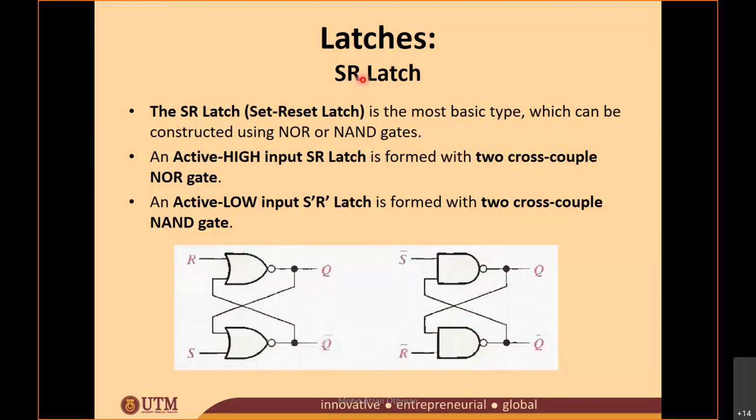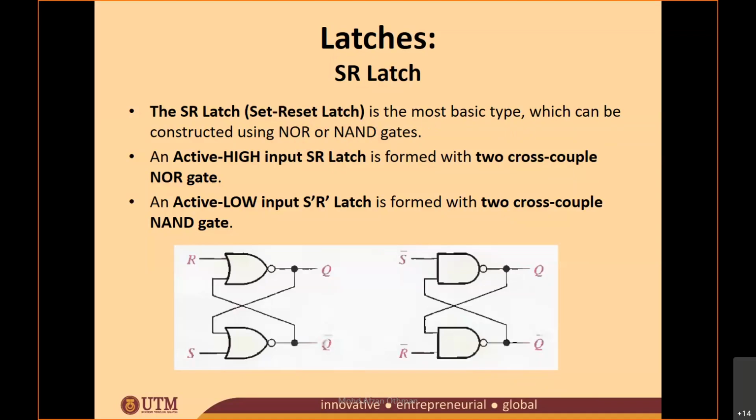Okay, so SR latch. The SR latch, which is set and reset latch, is the most basic type which can be constructed using NOR or NAND gates. Okay, so these latches boleh kita guna construct by using NOR ataupun NAND gate.